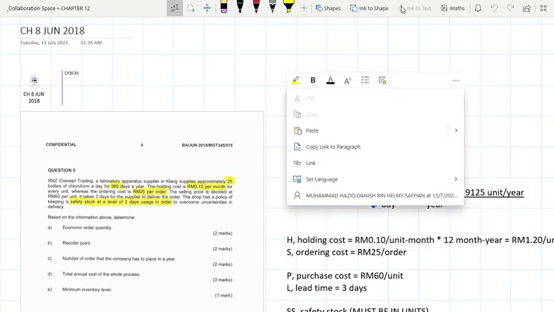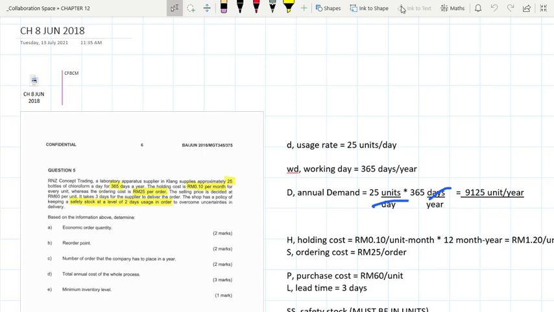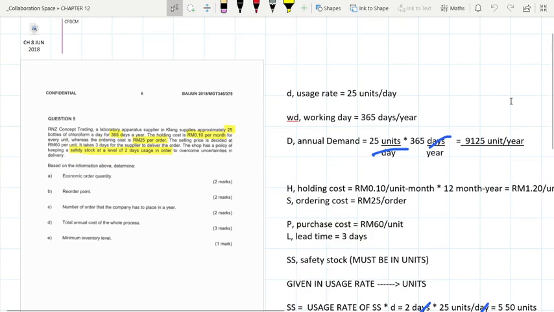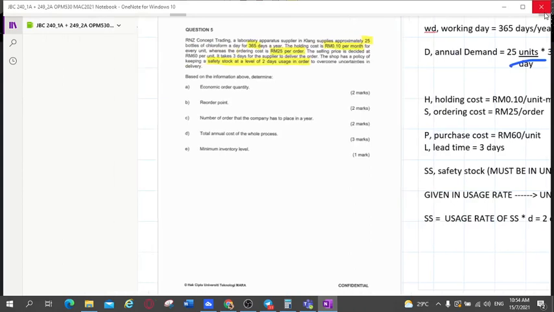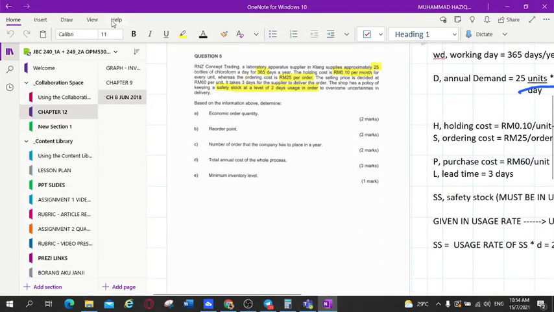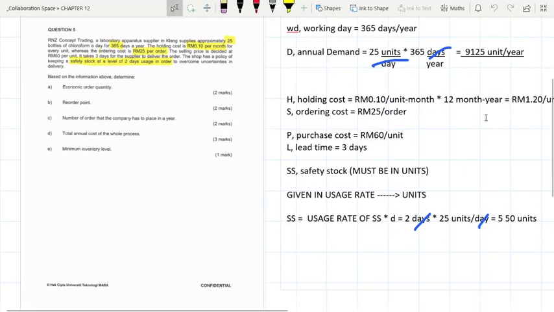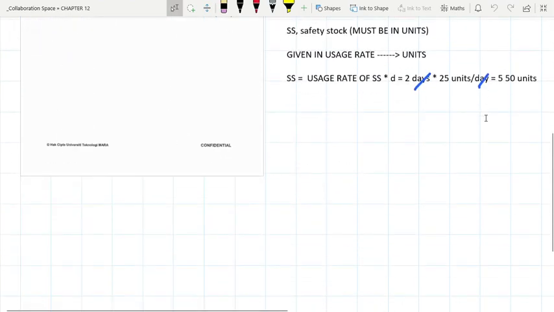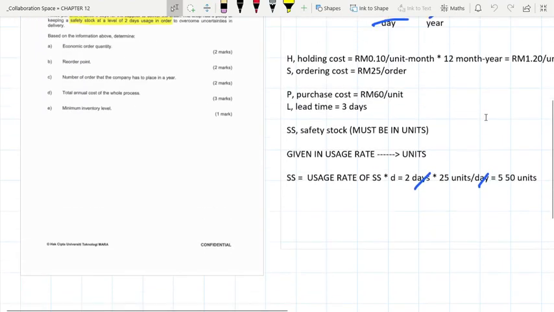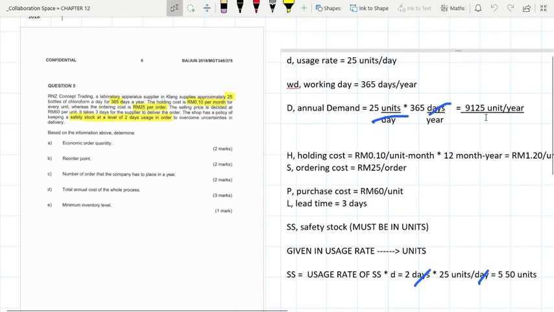Betul tak? Amir tengah buat. Nampak tak?